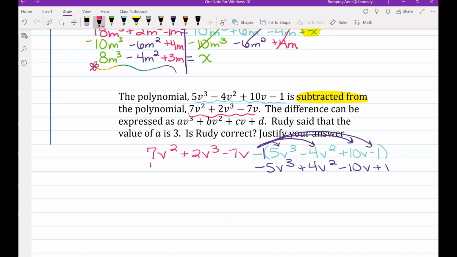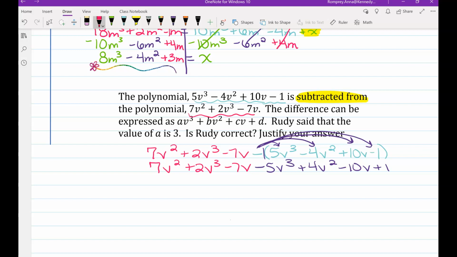So we've got 7v squared plus 2v cubed minus 7v, and we are going to combine it with our new polynomial. All right, let's start off with like terms. So look, the difference can be expressed as, so this is just showing us they're putting the answer in standard form. So should we.